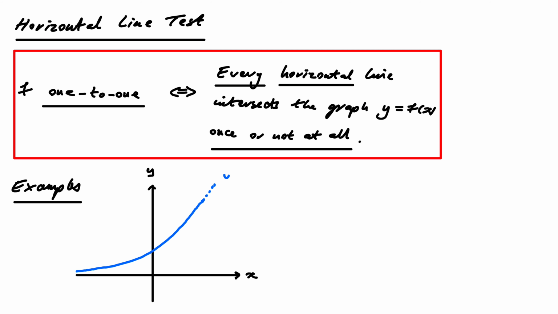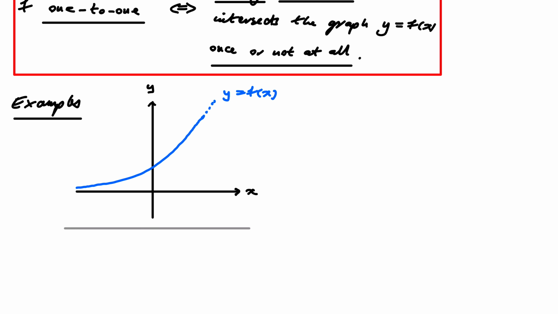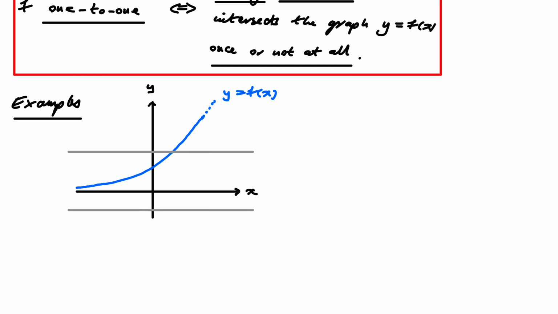So if this is my graph, y is equal to f of x. Is this one-to-one? Does it pass the horizontal line test? Well, if I take a horizontal line, any horizontal line, from the way I've drawn it, there are two possibilities. If I'm up here, I cross precisely once. But if I'm down here, I never cross. That's fine, right? I cross once or not at all.